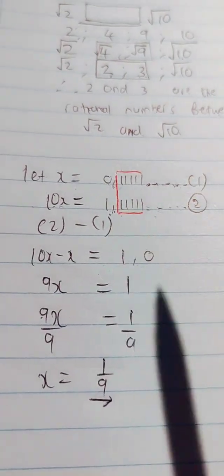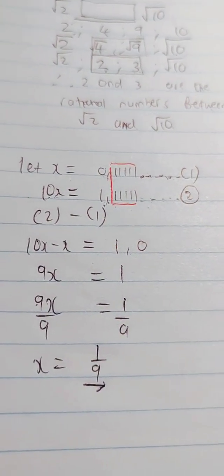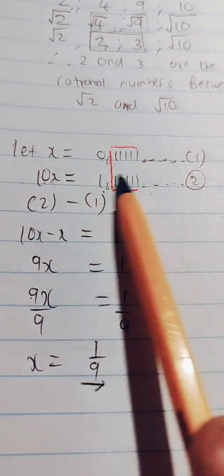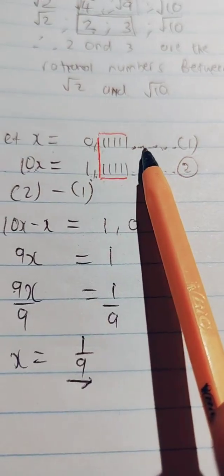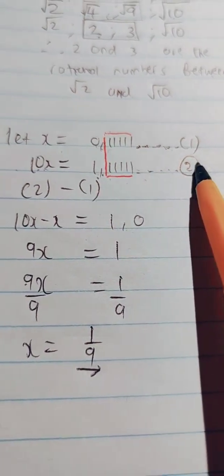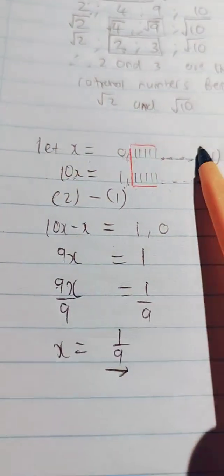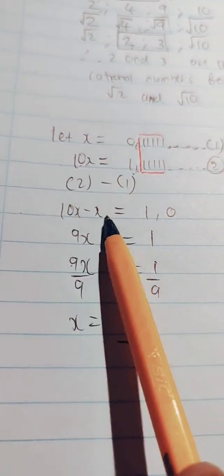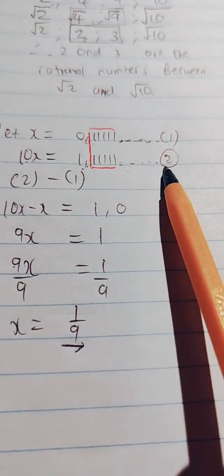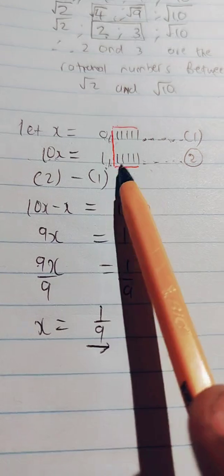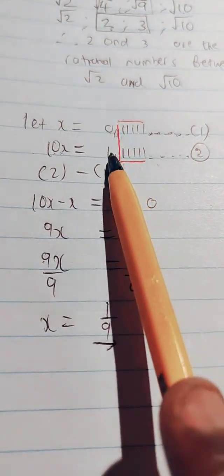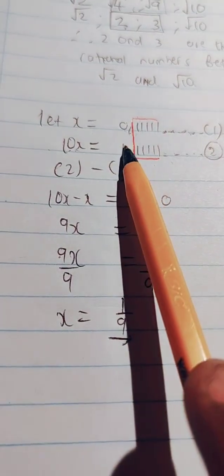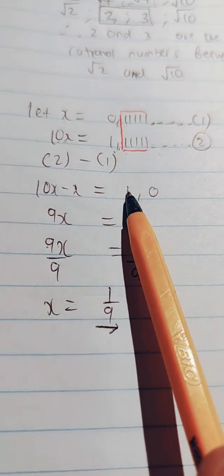Because when the two equations we are subtracting have the same numbers after the comma, then equation 2 minus equation 1 gives, on the left hand side, 10x minus x, which is 9x. On the right hand side, all those numbers after the comma give us 0, and 1 minus 0 is 1.